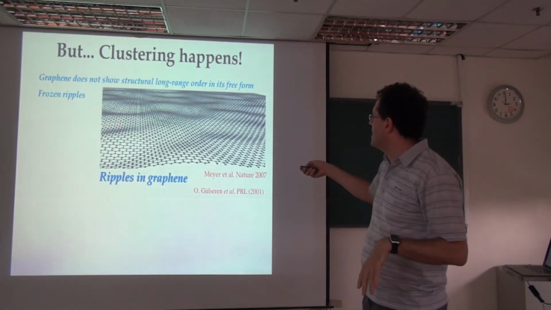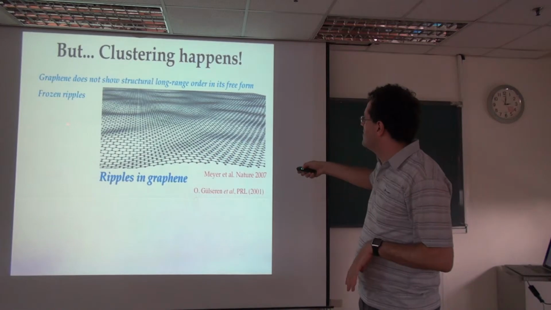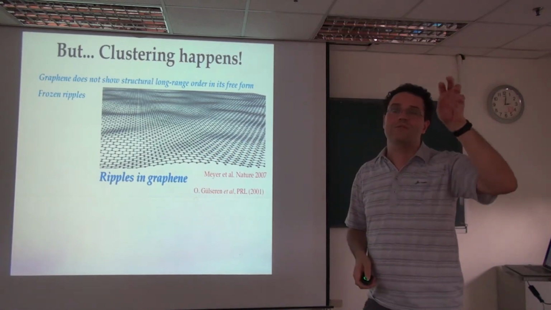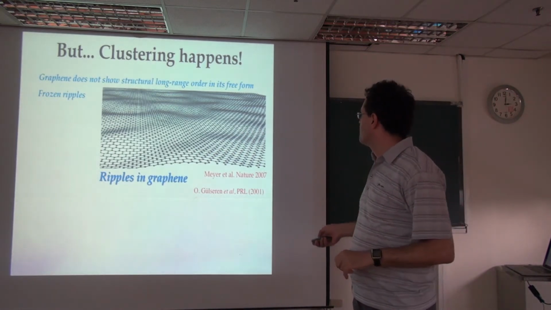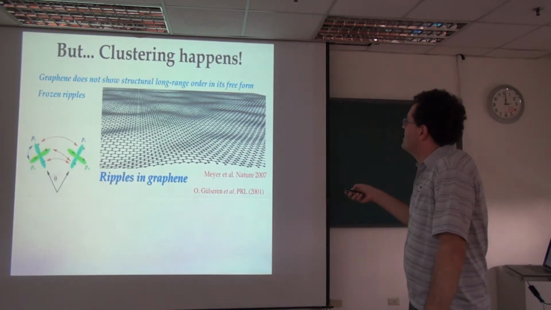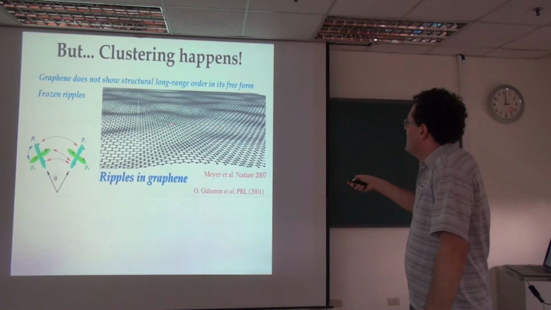When you sort of throw some atoms on this landscape, they will prefer to sit on certain places and not on others. And these places are actually the top of these hills here, these ripples.